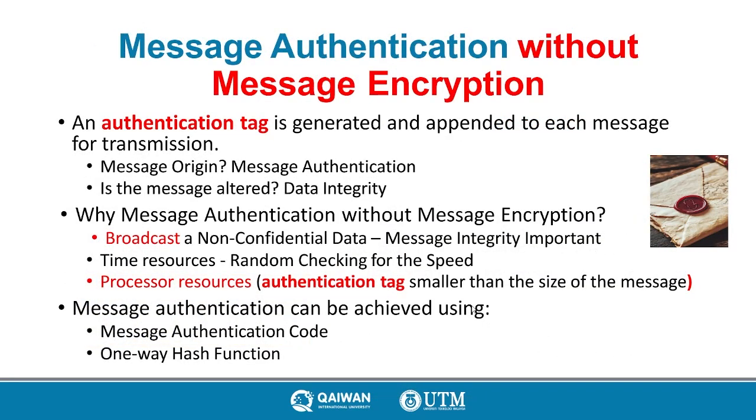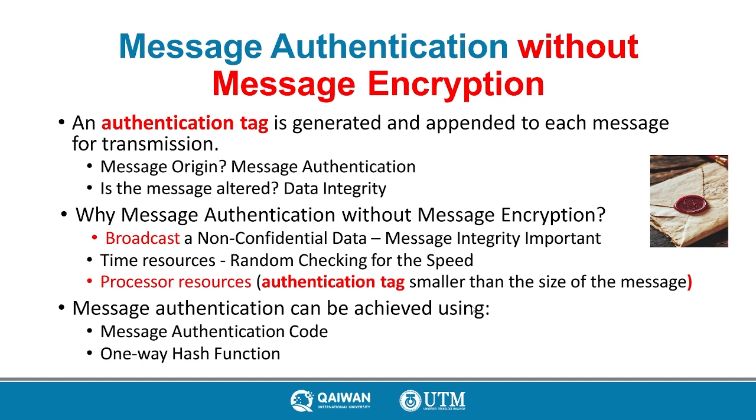Now, message authentication without message encryption. An authentication tag is generated and appended to each message. What is the authentication tag? It is just like the red wax seal in medieval times that they used in order to make sure that the message would not be opened.